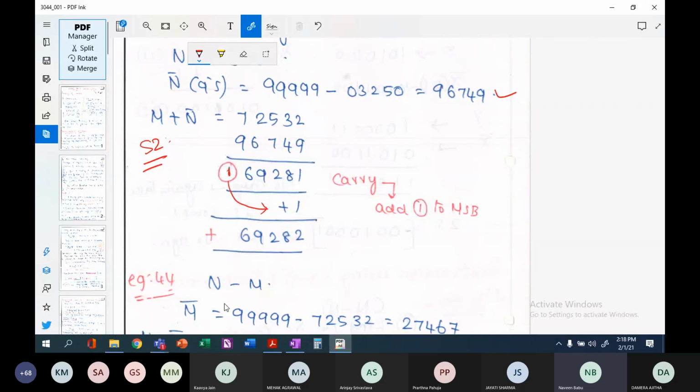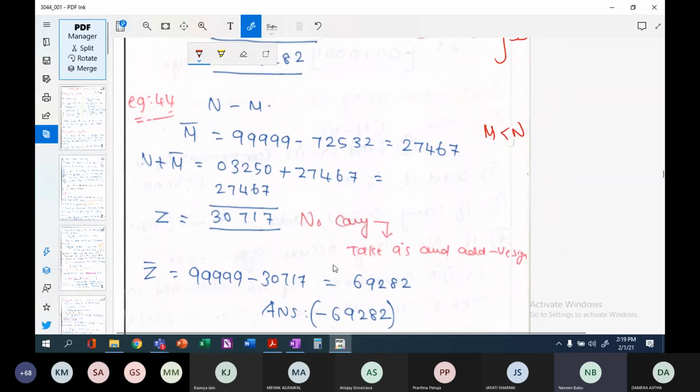Now let us perform n minus m. So this particular step is your step 3 because m is greater than n. Now in this example, m is less than n, so you will not come across step 3. You will come directly to step 4, meaning your answer will be negative. You will not have any carry. You will take further r minus 1's complement. In this case, you will take further once more 9's complement of that answer when you add.